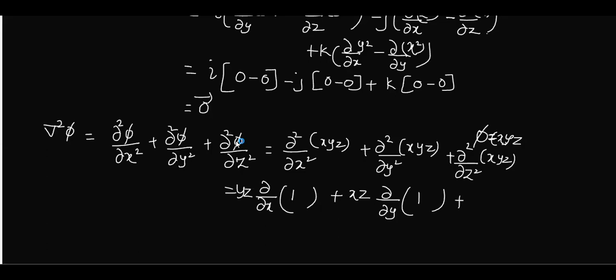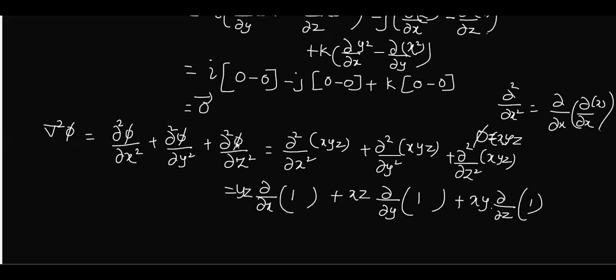Same way, there is a symmetry. That's why you're getting similar types of terms. What will come out here? X and y come out, and the derivative of z with respect to z is 1. Hope this step is clear, what I have written in the bracket. I'm just writing the second order as the derivative of the first order derivative. Now this is yz. What is the remaining thing now?